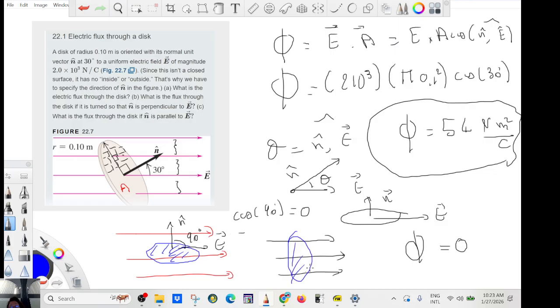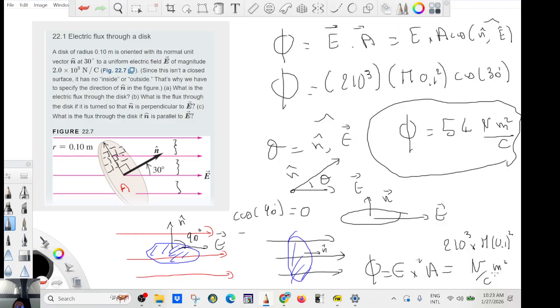The cosine of 0 is 1, so n is along E. In that case, the flux will be E times A for the maximum one, which is 2 times 10 to the third times pi times 0.1 squared, in Newton per Coulomb meter squared.